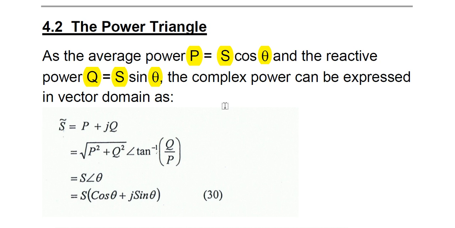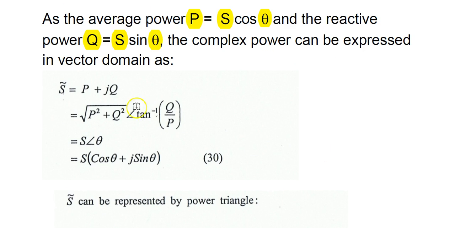In other words, if we were to express the various powers in the complex form of the vector domain, we can write S with a tilde on top as the real power P plus j times the reactive power Q. You will recognize this format as the rectangular form of the phasor, and we can write it similarly in the polar version as S, which is the magnitude of V times I, at an angle given by the angle difference between the voltage and the current.